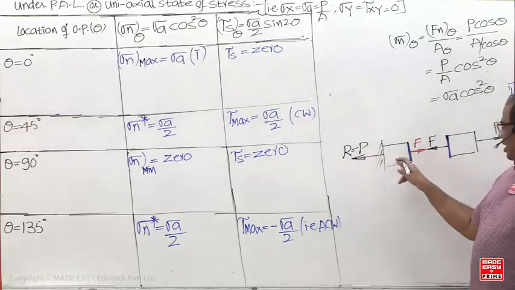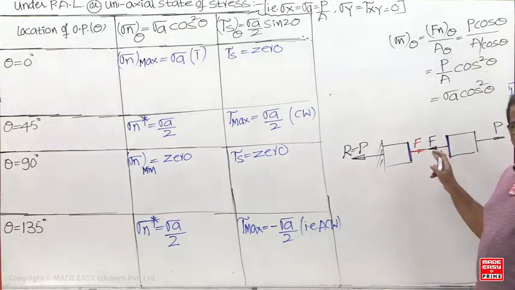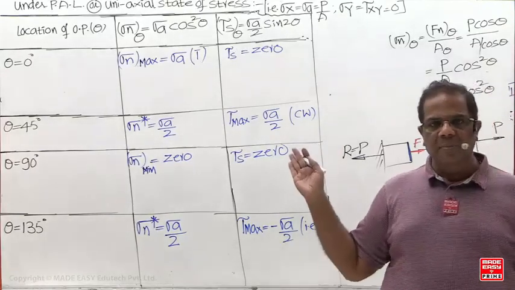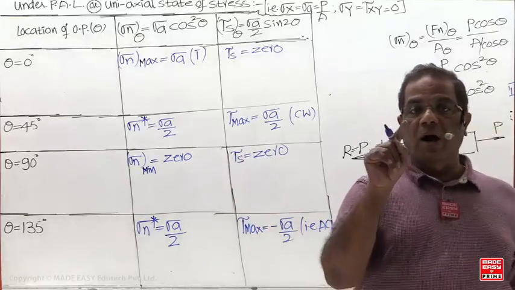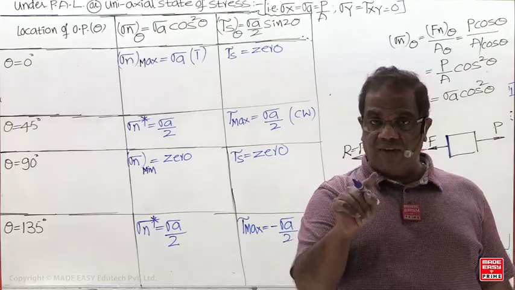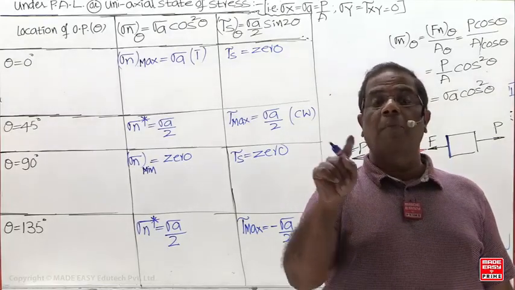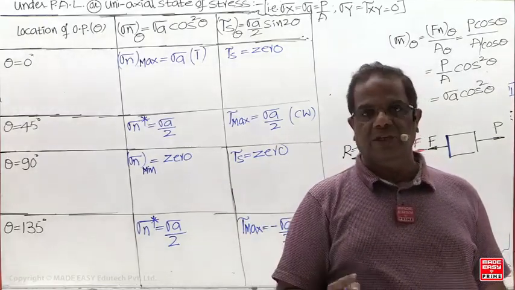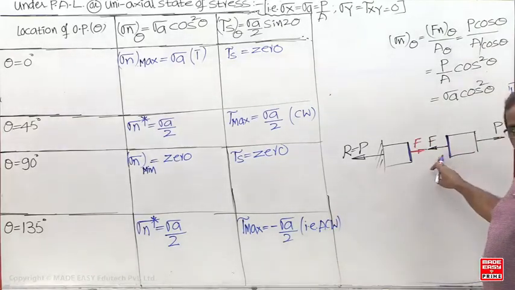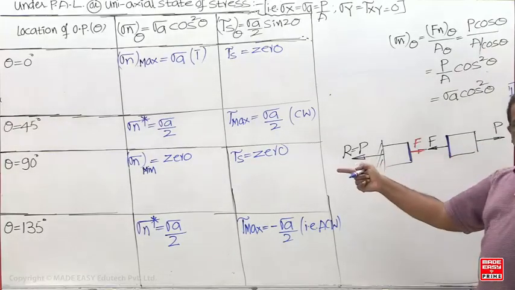Tensile load means away; this is also a tensile load, acting away. Opposite does not mean a compressive load. That was clearly mentioned yesterday. Stress will always be in the direction of the resisting force. The resisting force is always developed similar to the load but in the opposite direction. It is a normal load, a tensile load. If I pull it, this is also going to pull.